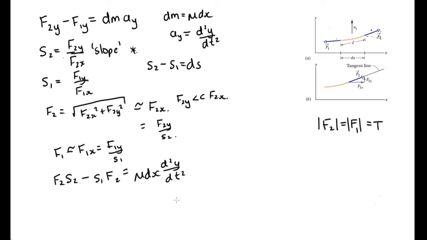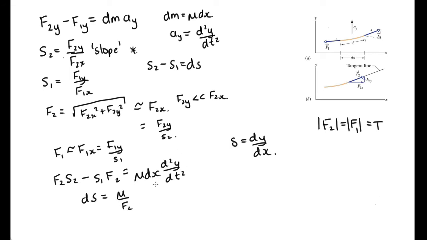Okay, now S we said was the gradient, so S is equal to dy dx. So what we've got here is F2 ds. So let's put this as ds, which is equal to mu on F2.